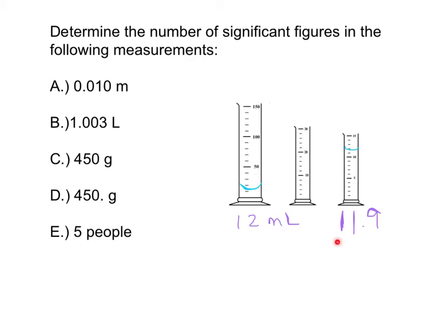So for this measurement, we have three significant figures. The more significant figures you have, the more accurately you know your measurement. So we'll say this first one has 2 sig figs, and the second one has 3 sig figs.